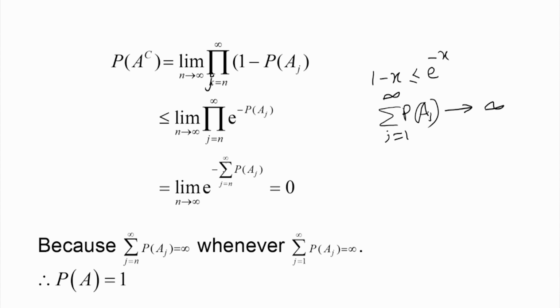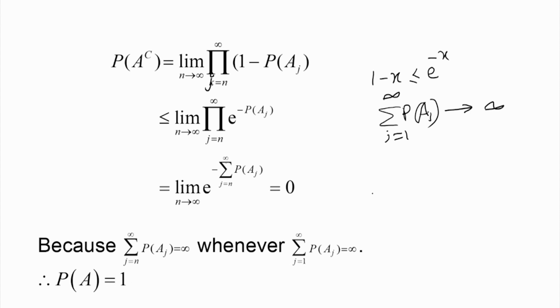Therefore, this will be e to the power minus infinity, which is equal to 0. This is the result we used: if the summation of P(A_j), j equal to 1 to infinity, is infinity, then any tail sum is also infinity. So, we have got P(A complement) is 0, therefore, P(A) will be equal to 1.